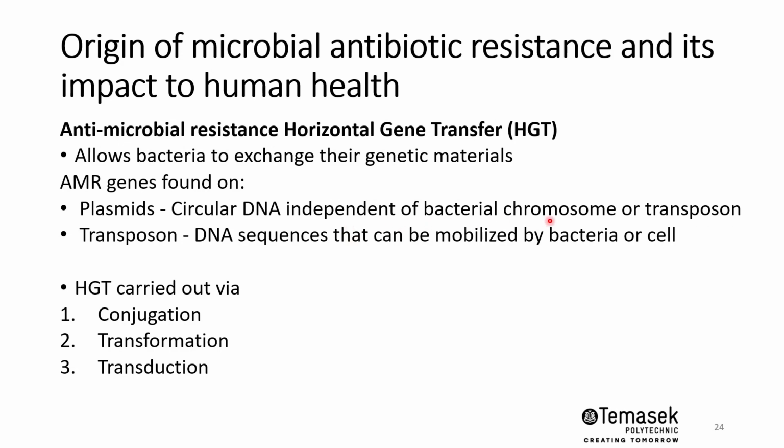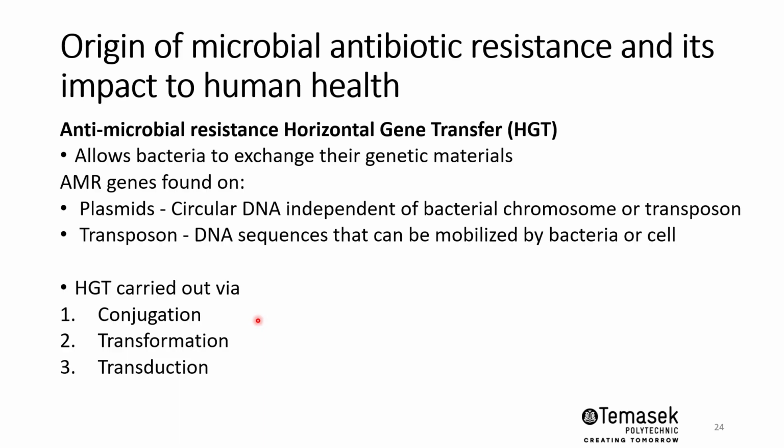Transposons are DNA sequences that can be mobilized by the bacterial cell, and they can jump between DNA sequences themselves. So the genes may be carried by plasmids or on transposons, also known as mobile genetic elements.